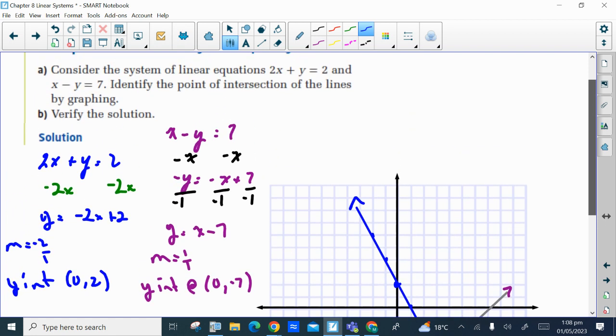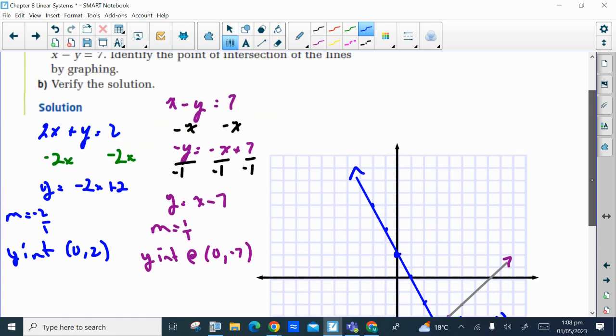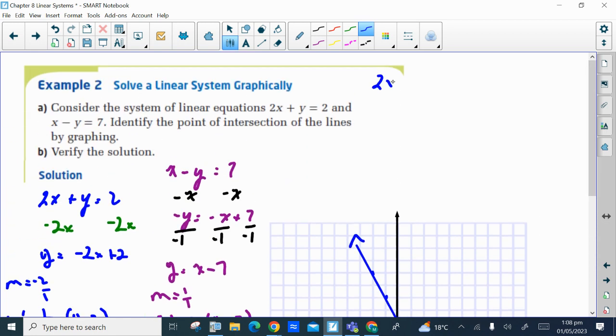So you always start with the original equations. And our point was 3, negative 4. Two times 3 is 6, and 6 minus 4 is 2. So it works for that one.